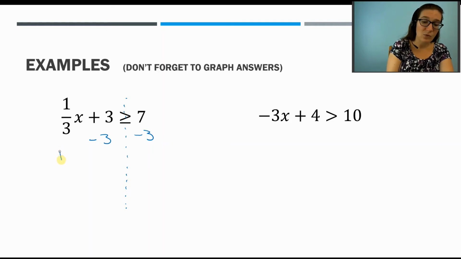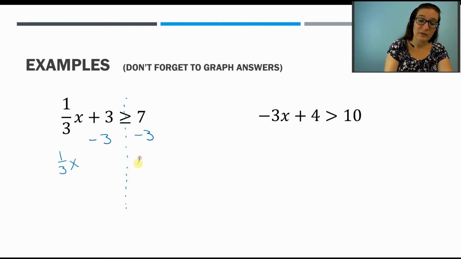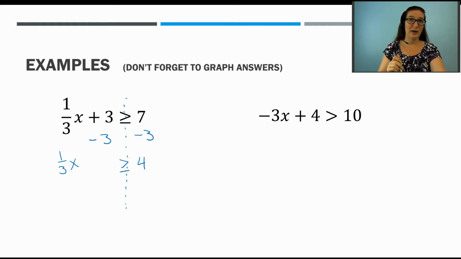So I've got 1/3 x, because I didn't do anything with that yet. Plus 3 minus 3 gives me 0, so there's nothing on that side now. And 7 minus 3 will give me 4. Okay, still have the symbol facing the same way. Because I have 1/3 x, remember that fractions are the same thing as division. That actually means x divided by 3. So I'm going to multiply by the number on the bottom, the denominator.